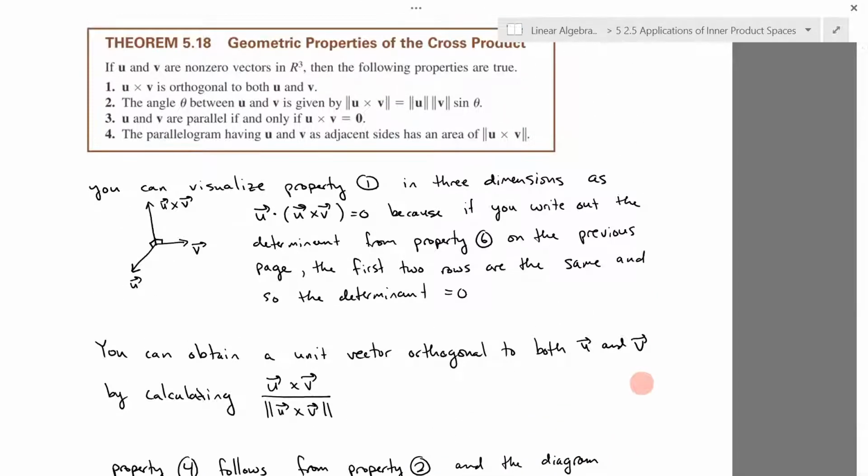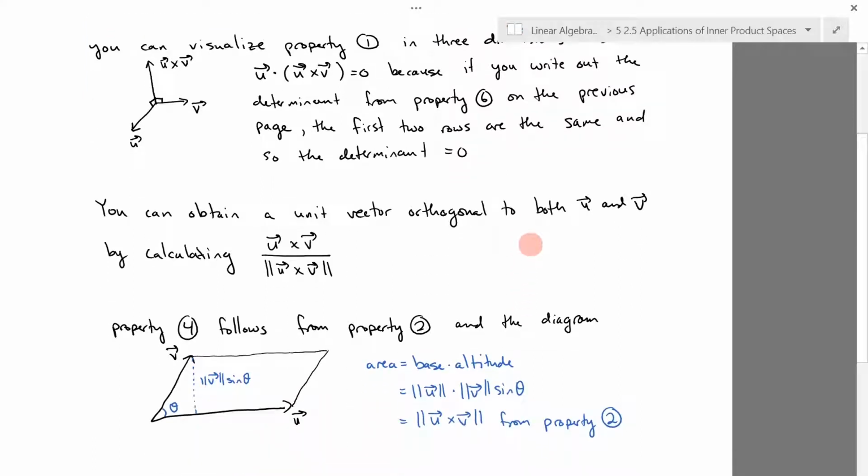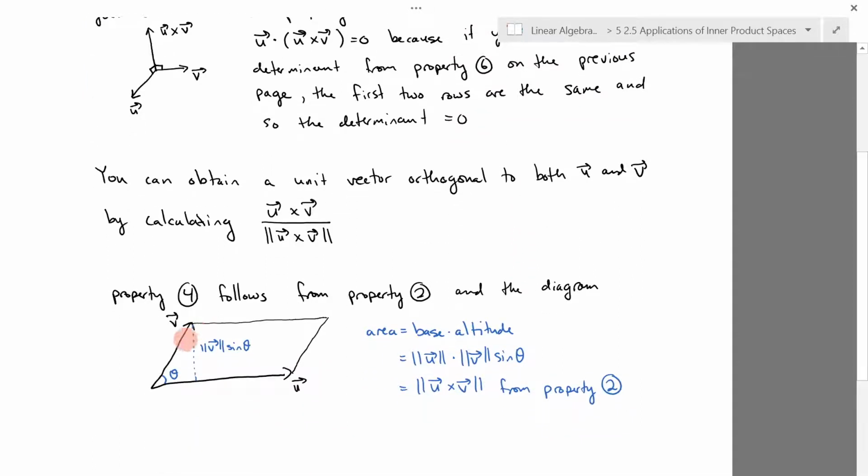In terms of the other properties, property 4 essentially just follows from property 2, right? Because if you sketch in a parallelogram formed by u and v like this, then the area of the parallelogram is just the length of the base times the length of the height.